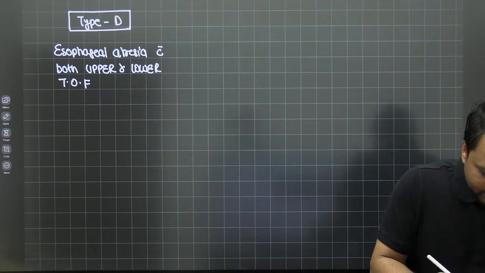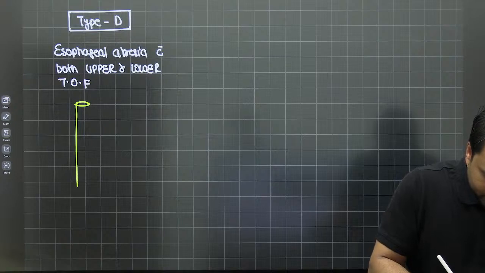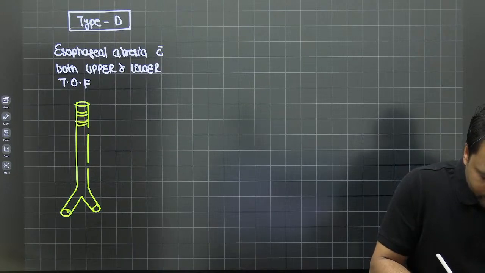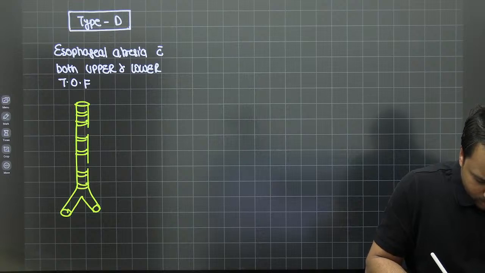So when you understand this, this happens to be the tracheal representation. This is how the trachea would bifurcate. These happen to be the tracheal rings which are present, and they continue to go across, right?